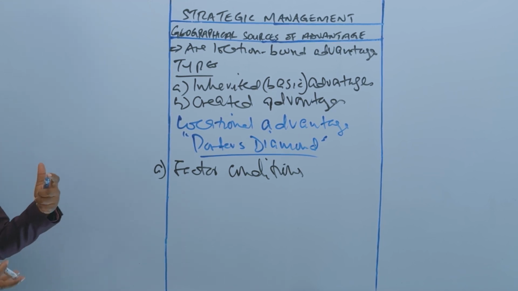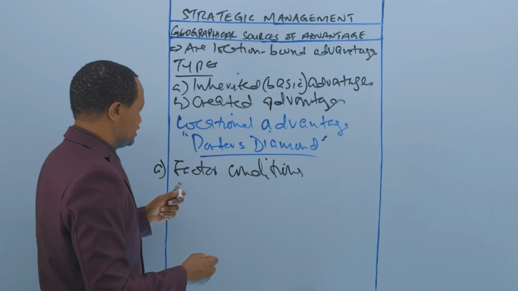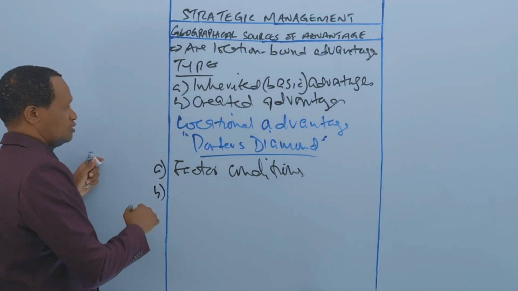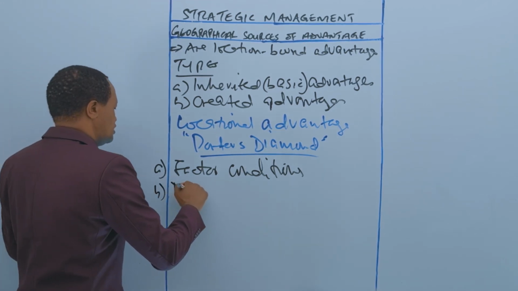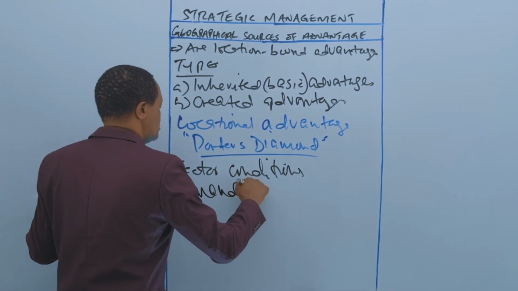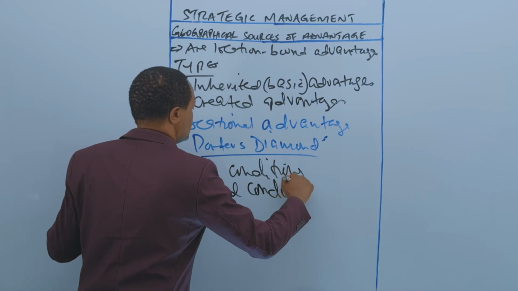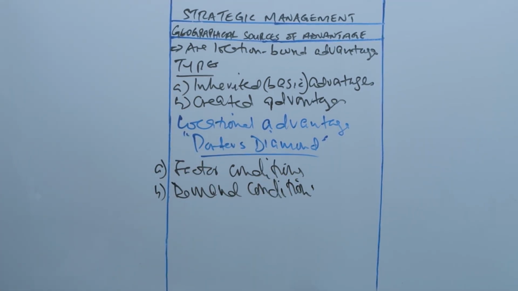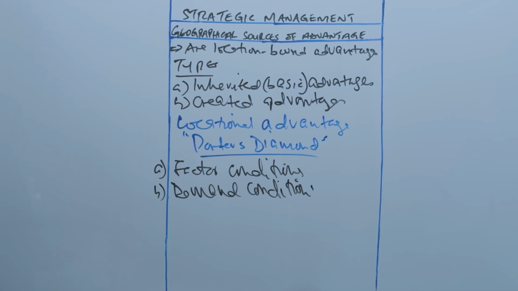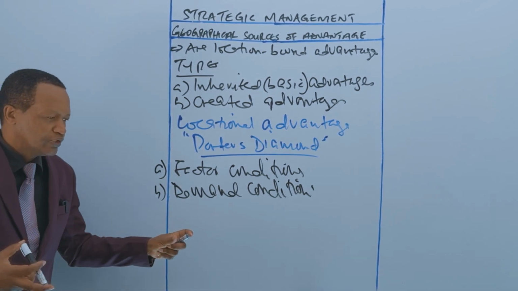Access to specialized inputs. Then number two, from this model, we learn about what we call demand conditions. This refers to the sophisticated local customers who pull innovation.